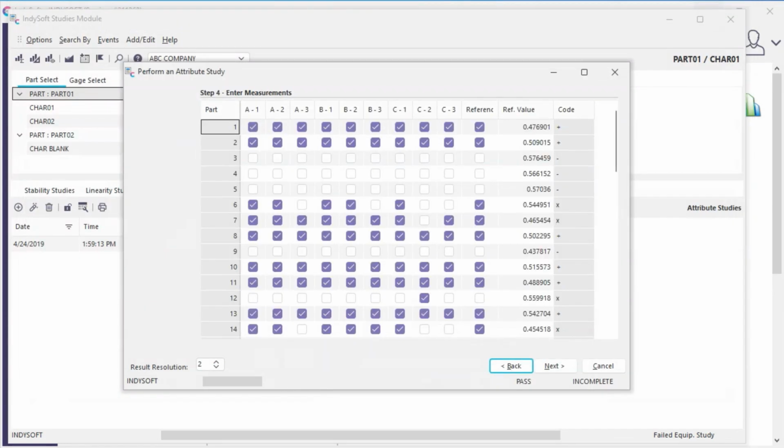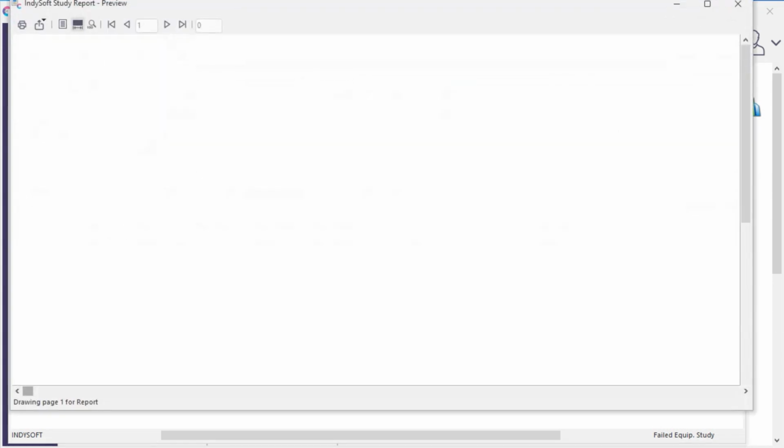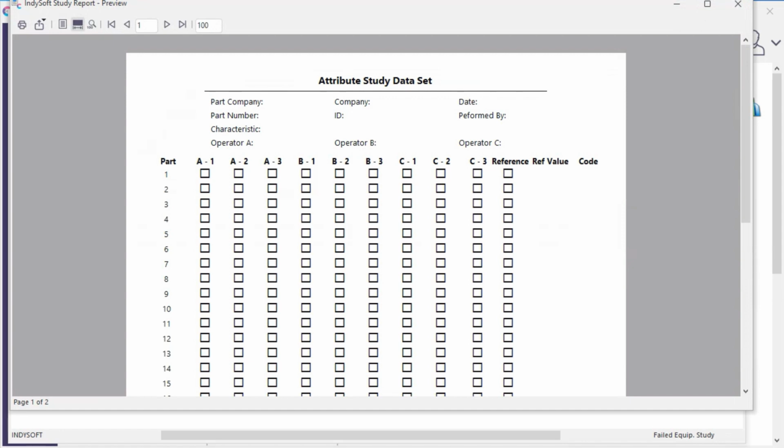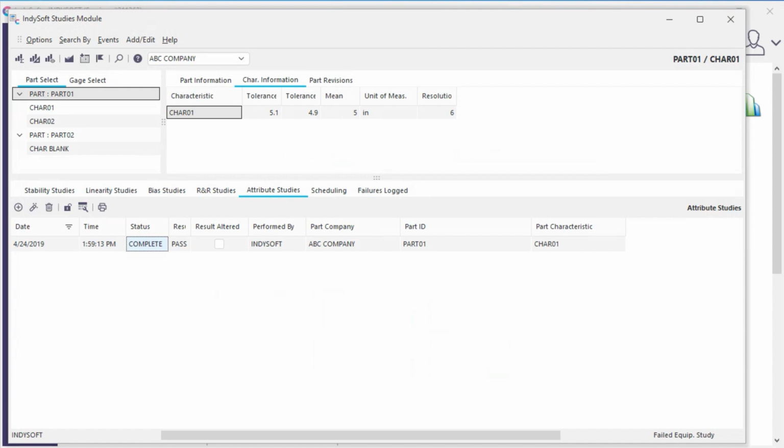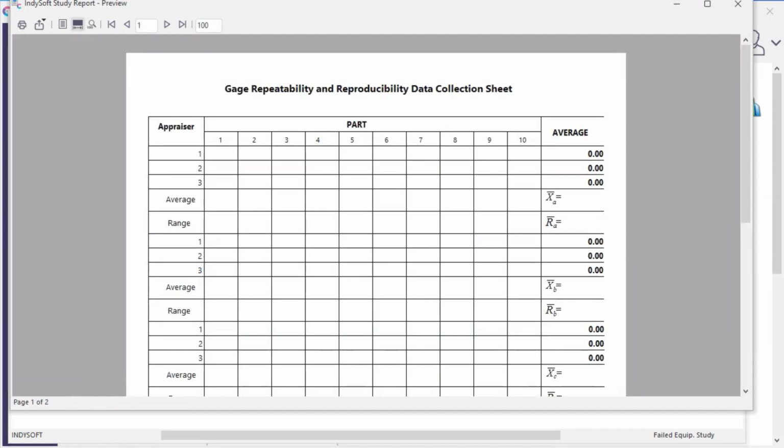One thing you'll notice for all of these is that we allow you to enter the data directly here, similar to how you would in the MSA studies. We've also got the ability to print blank forms so that you can print out a form and then check off the various information that you have. All of these have the ability to print blank forms, which is very useful for the RNR study, for example.